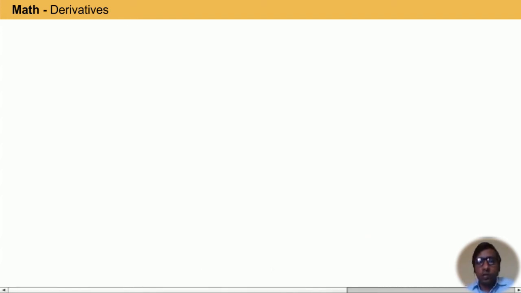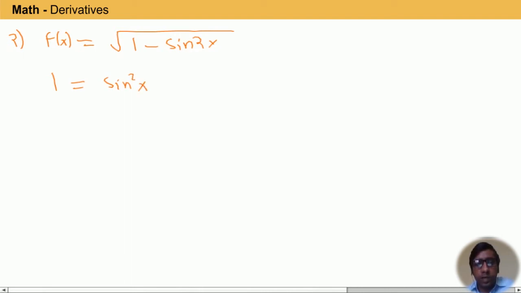Second. For that, we can use some other color. We know that 1 can be written as sin square x plus cos square x. Similarly, we know that sin 2x can be written as 2 sin x cos x.